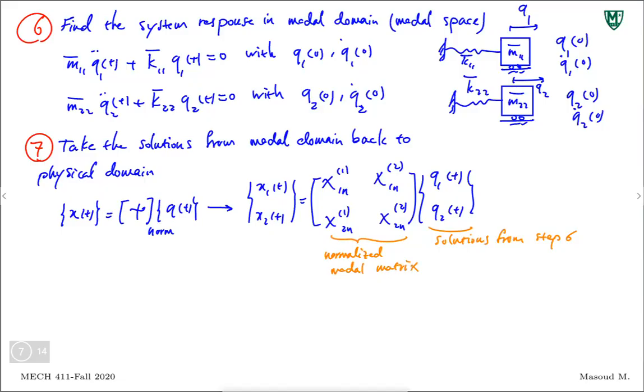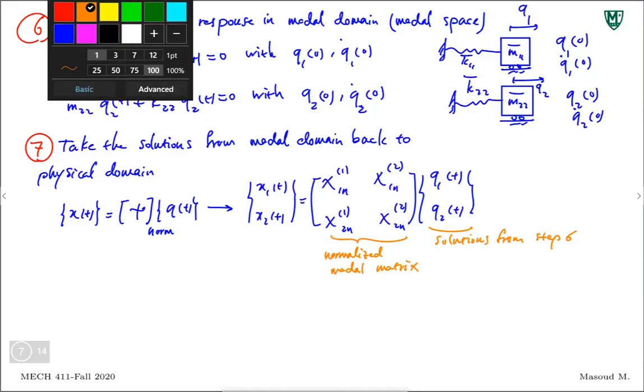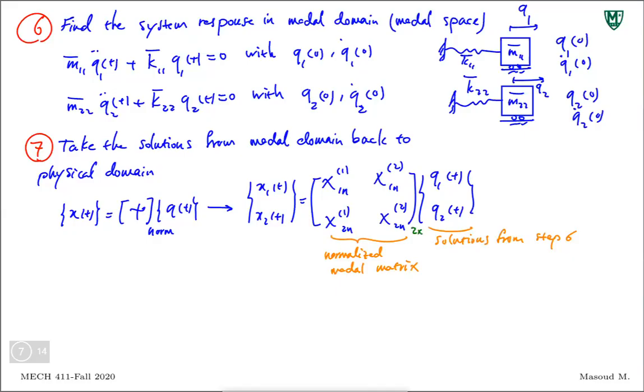So it's a multiplication, a 2 by 2 matrix multiplied by a 2 by 1 vector. It gives you a 2 by 1 vector. Now, the first element of the vector becomes the system response for x1, better to say mass 1, and the second one becomes the system response for mass 2.